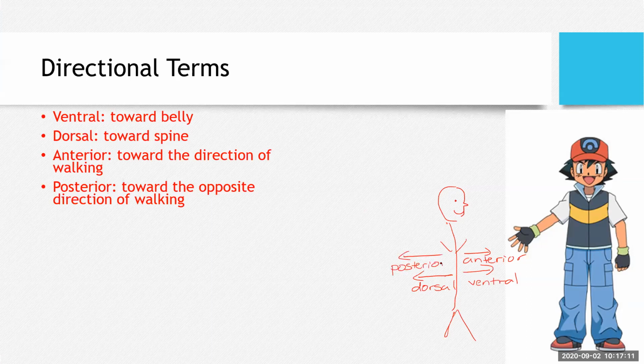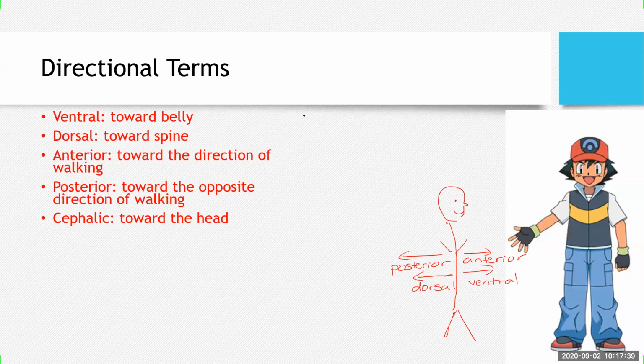So you'll notice that in this case, anterior and ventral will be synonymous with each other. Posterior and dorsal will be synonymous with each other as well. Be aware of that, because it will be different when we talk about a four-legged animal.